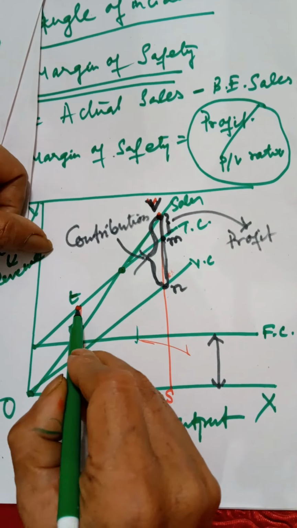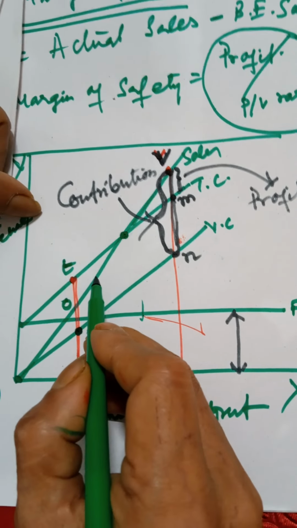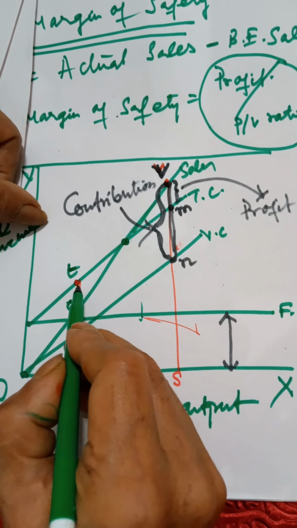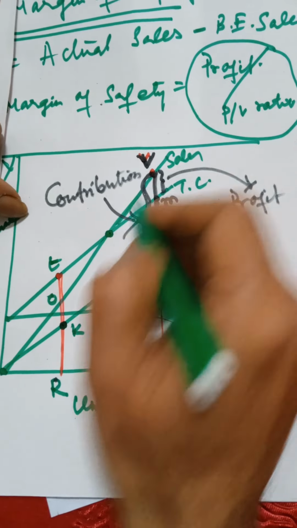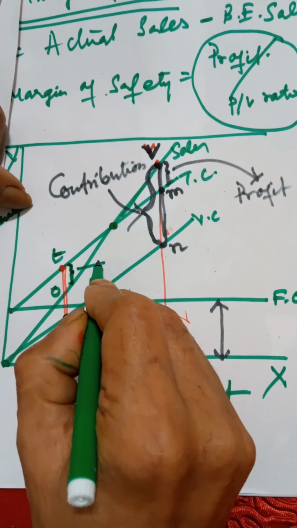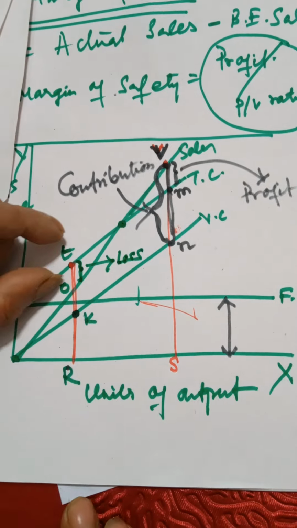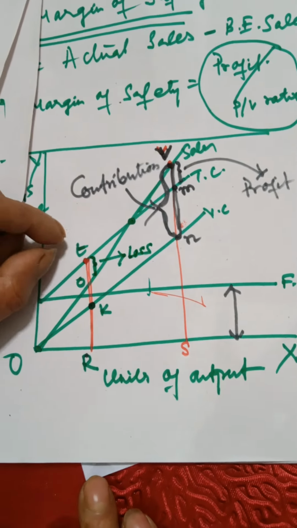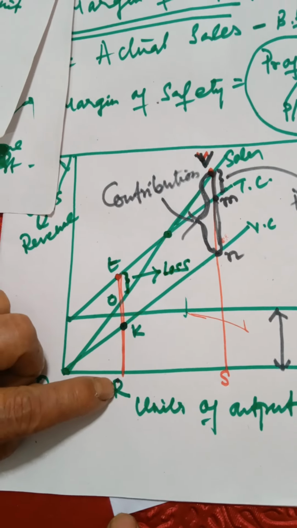That means the total cost curve lies above the total sales line. This is the total cost line and this is the total sales line. So this part is the loss. This much loss the producer is incurring by producing OR units.